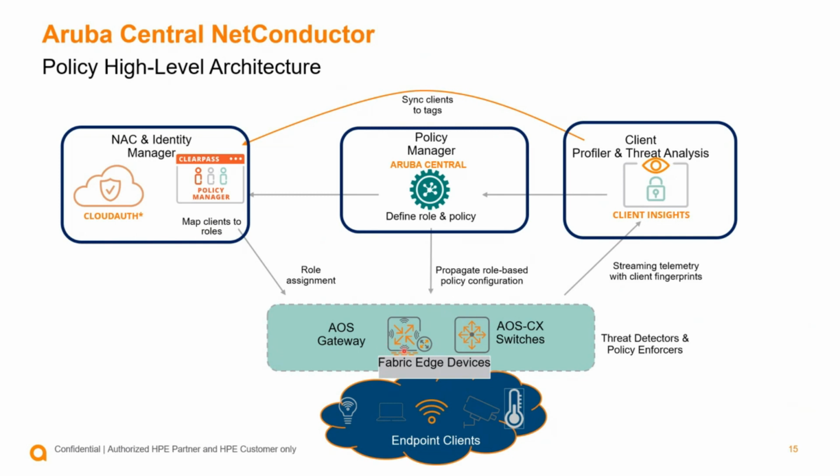And of course, the underlying supporting technologies are VXLAN and GBP, the group-based policy, and this is enforced at the gateways and switches. We still have the option of having colorless ports and dynamic VLAN assignment as well, and that's an option depending on the architecture and the design of the customer.